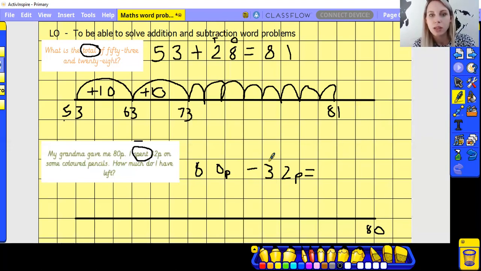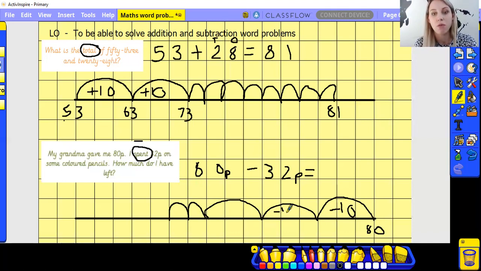So this time I'm taking away 3 tens jumps first of all. 1, 2, 3. Done my 3 tens, need to do my 2 ones. 1, 2. All right, take away 10 in these jumps. Again, I don't need to bother doing that for the ones.